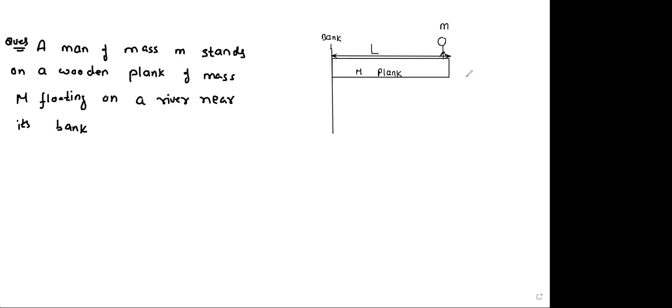Now, can you guess what will happen if this man starts moving towards the bank? What will happen with the plank? Will it stay at this position only, or will it start moving? It will move backwards, right? The man starts walking on the plank.